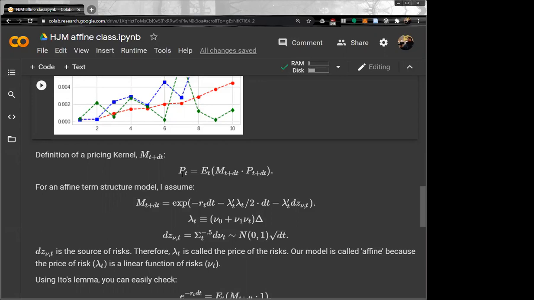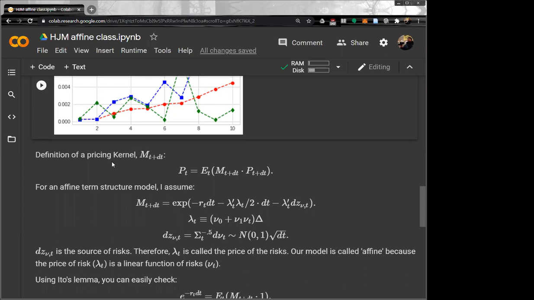So asset pricing is in some sense simple. Figure out the distribution of tomorrow's cash flow P. Figure out the distribution of the pricing kernel. Multiply them, take the average or mean of it, and then you have a price. Now in this fixed income class, one very popular way of modeling the pricing kernel is the affine term structure model.